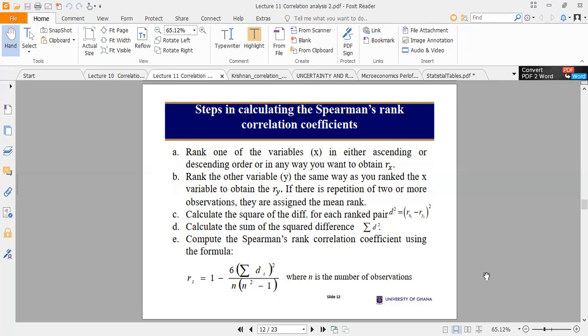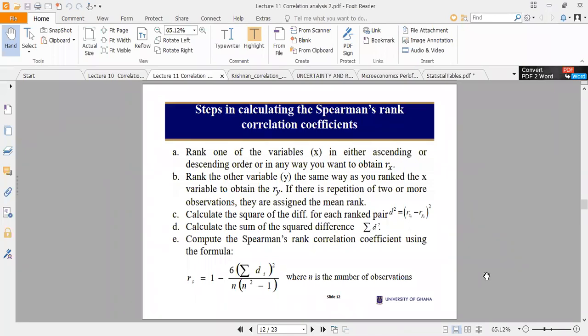Then it means that the next 5 was supposed to be 5, the next one was supposed to be 6th rank, and the next one was supposed to be 7th rank. But they are all the same number. So what you do is that you find the average of all the ranks. The first one was 4th, the second one was 5th, the next one was 6th, and then 7th. So find the average of all these ranks.